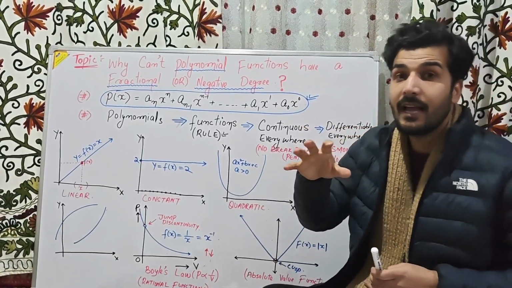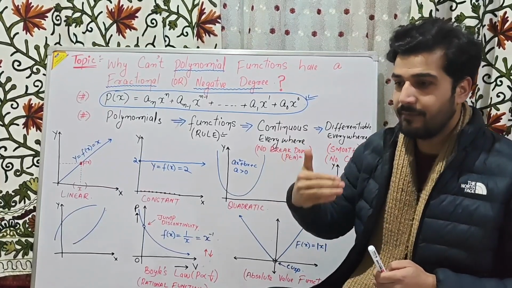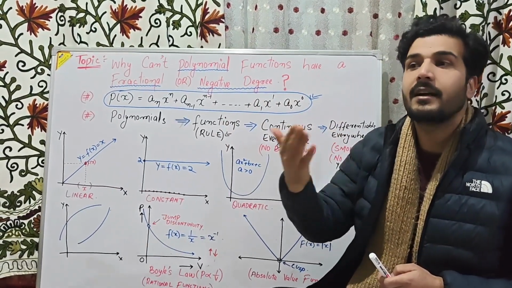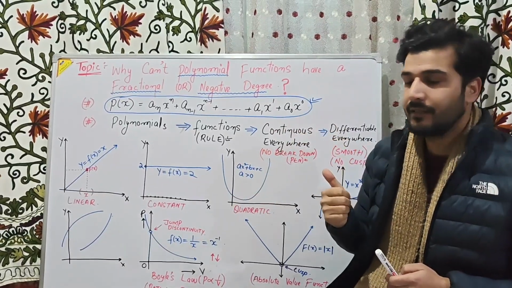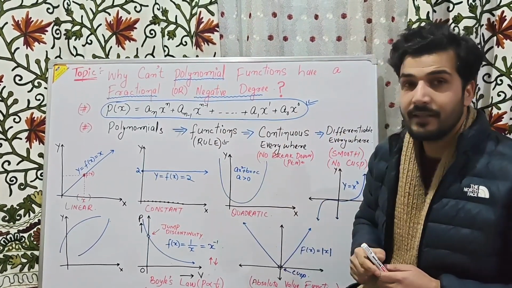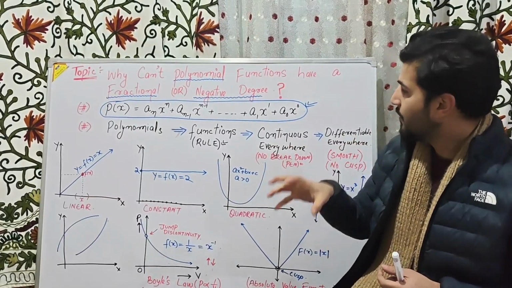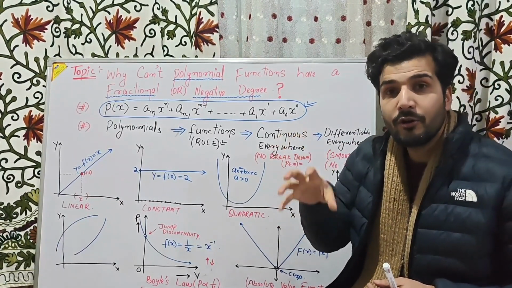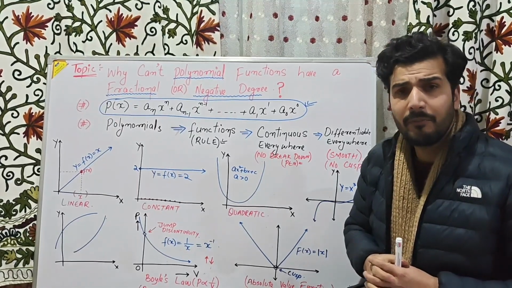That's why we call polynomials polynomial functions in class 11th. Whenever a student is in class 11th, they call it a polynomial function, right? But what is the beauty of these polynomial functions? The beauty is that polynomial functions are continuous everywhere.